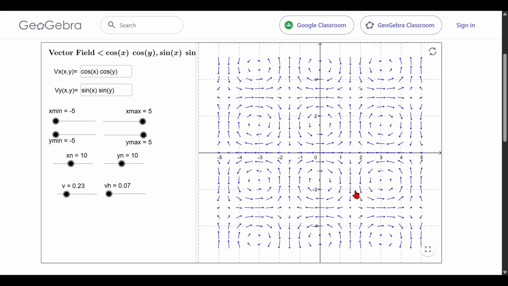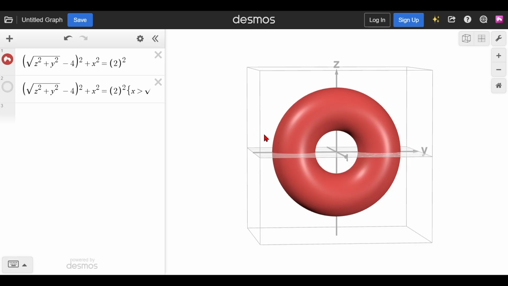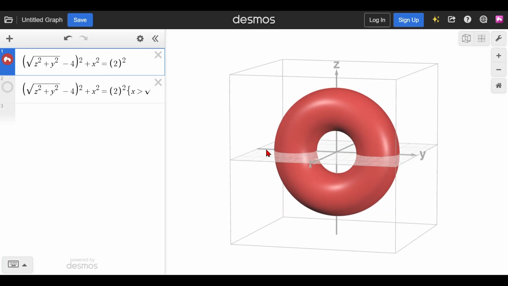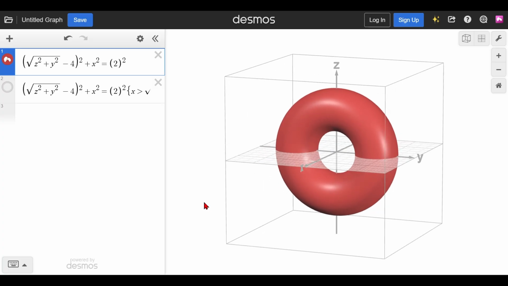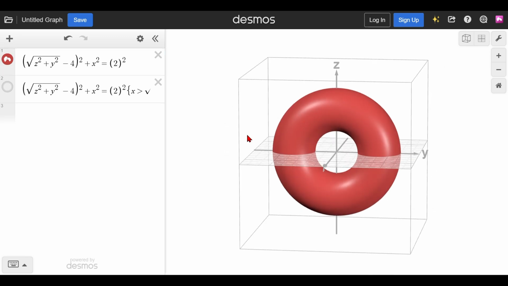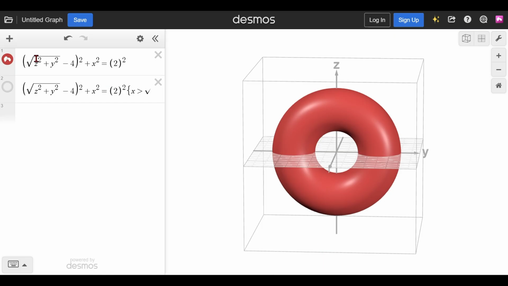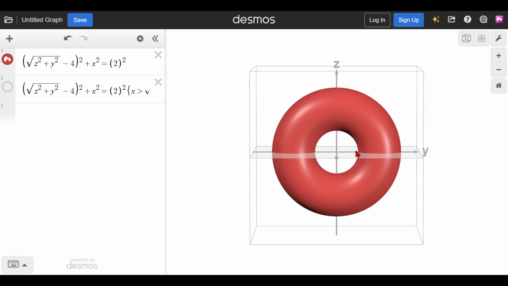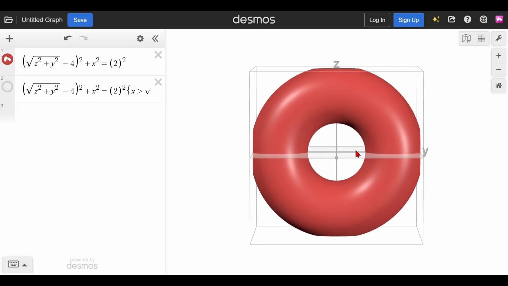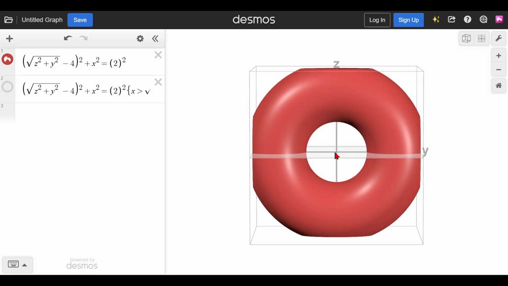Moving on to the torus, that would be plotted here in Desmos. And there's a specific function to plot a torus. Specifically, this one right here, where this one is centered around the x-axis, and so it would be the square root of z squared plus y squared here, and then you're subtracting it from the radius of the torus from the center to the center of the tube that goes around.